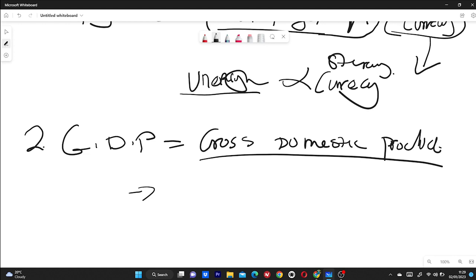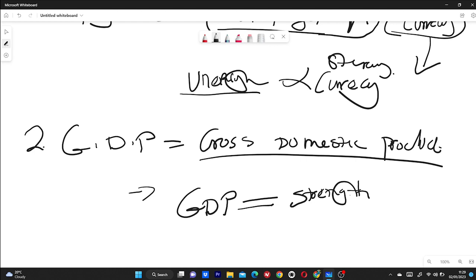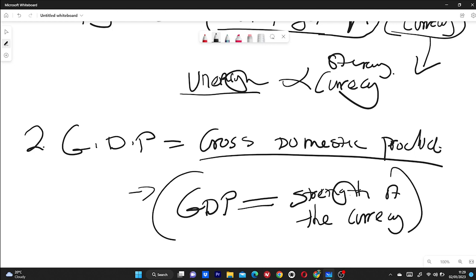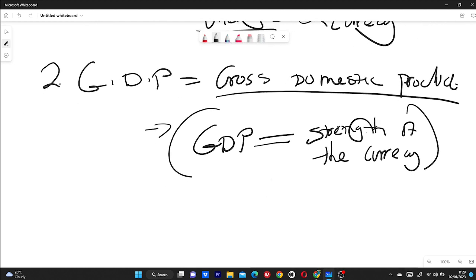It's like when people have money and are exporting their goods because the gross domestic product is going high. So here we can say GDP is directly proportional to the strength of the currency.